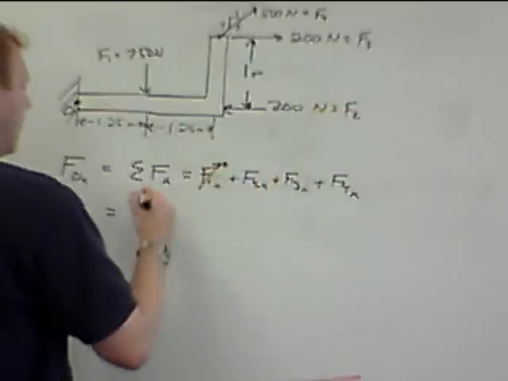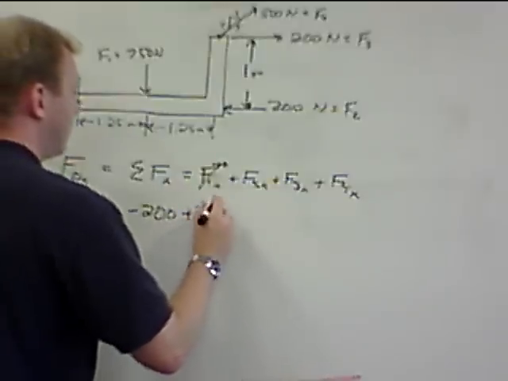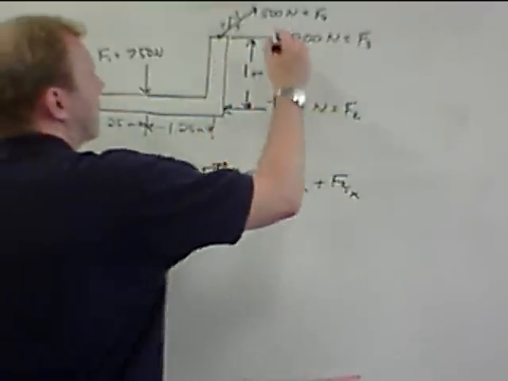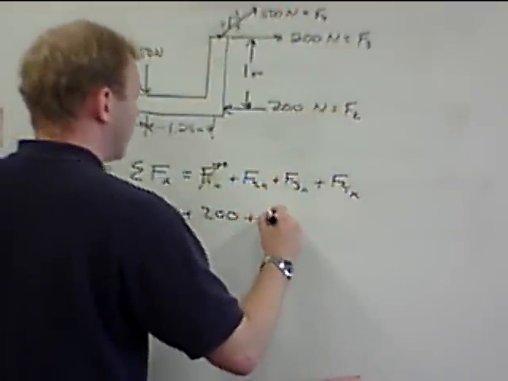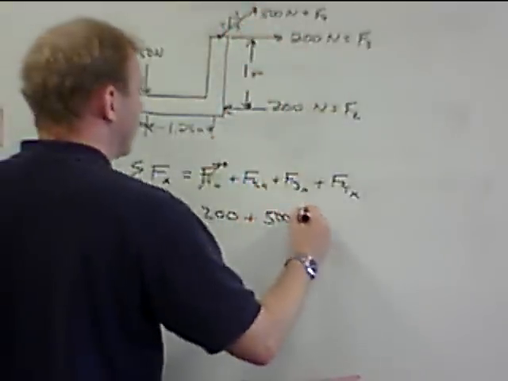F2x is a negative 200. F3x is a positive 200. F4x is this 500. It's in the positive x direction. So it's 500 times the ratio here. The x is 3/5.